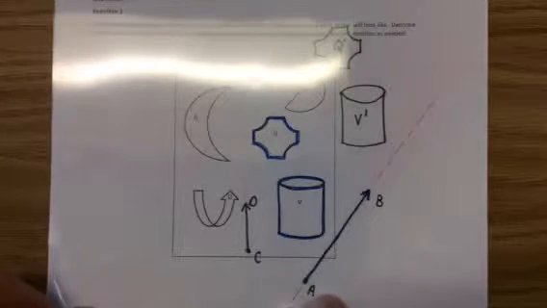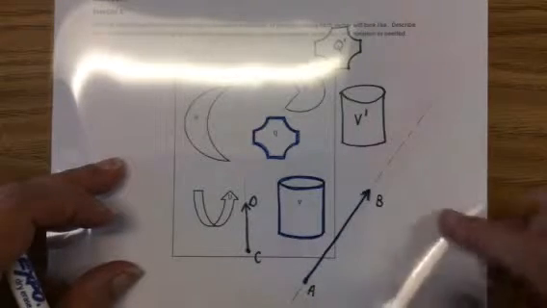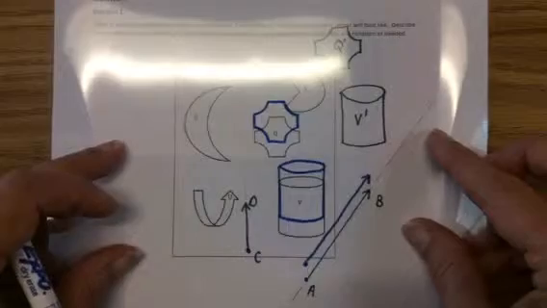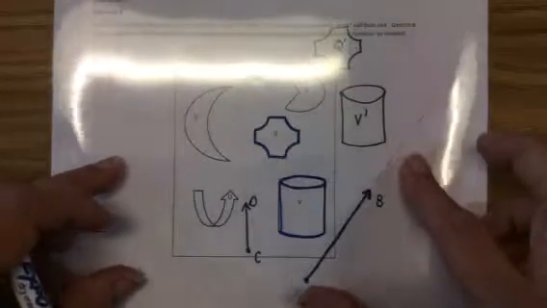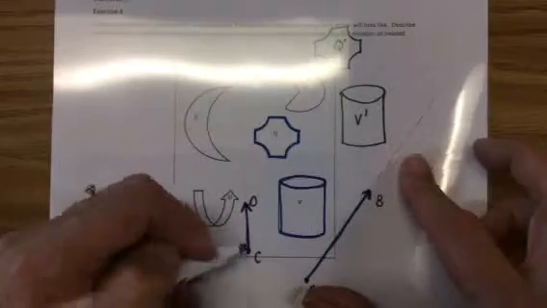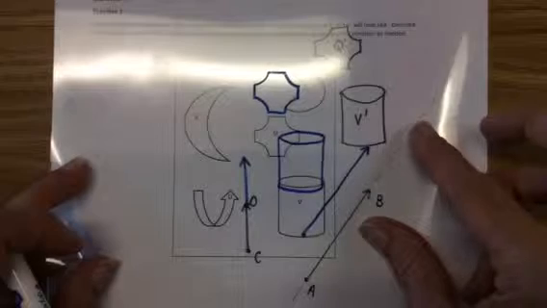I'm going to line these things up. So what if I translate V and Q by DC? Oh, I have to draw my vector first. They're already traced, but let's trace my vector so I know how far to go. Okay, and I'm going to translate right there.